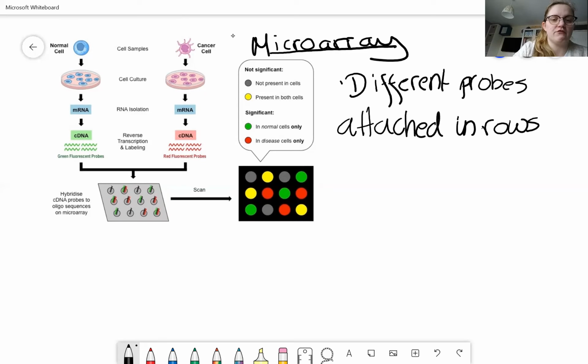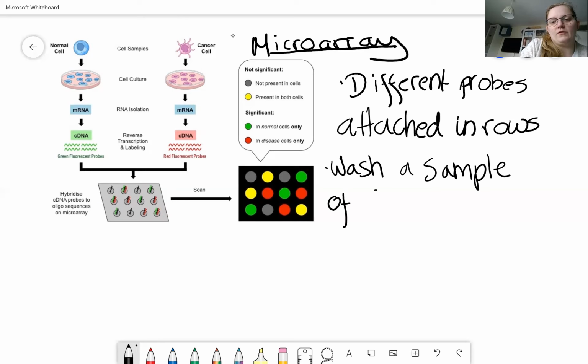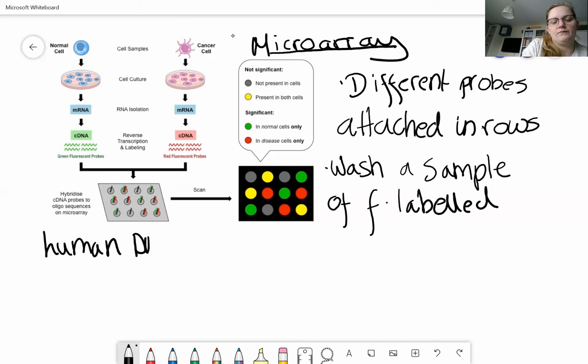So in this example, we're going to wash a sample of fluorescently labeled human DNA, I'm going to put F labeled human DNA. So we wash it with a sample of fluorescently labeled human DNA, which will stick to the array.